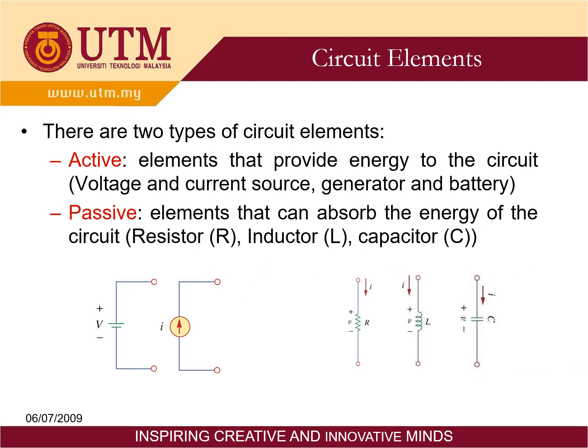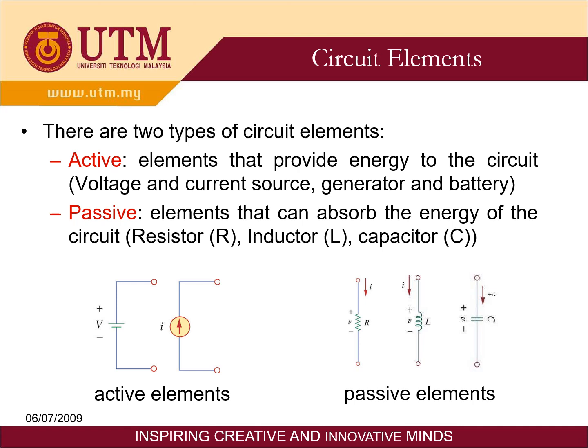Next, we learn about the circuit element. There are two types of circuit element, which are active and passive. The difference is that an active element provides energy, and a passive element absorbs energy. Remember I said that P can be positive or negative. Positive power is the passive element, and negative power is the active element.